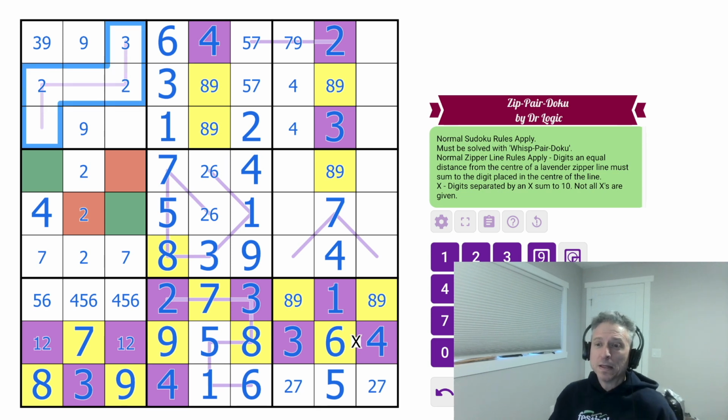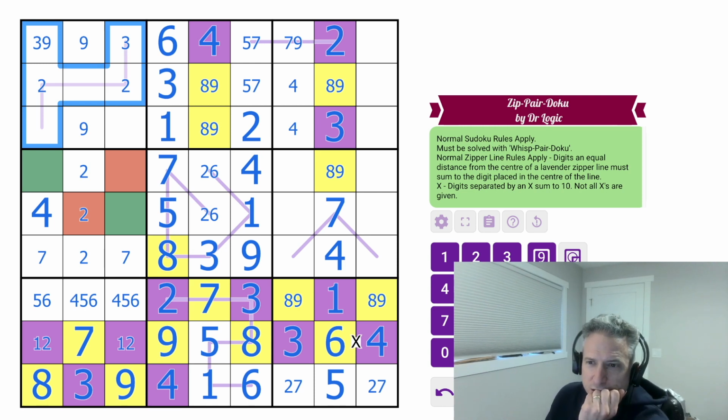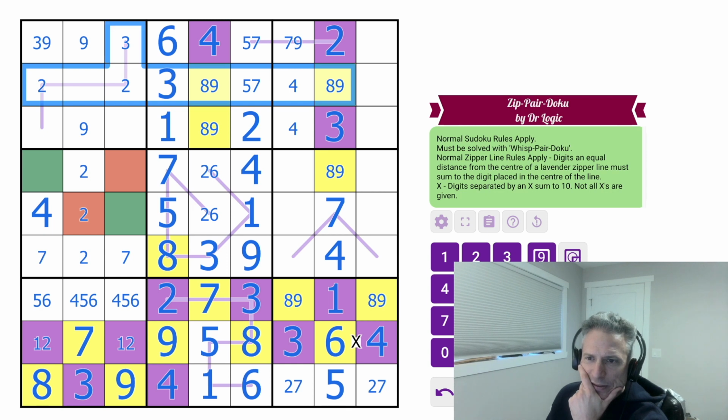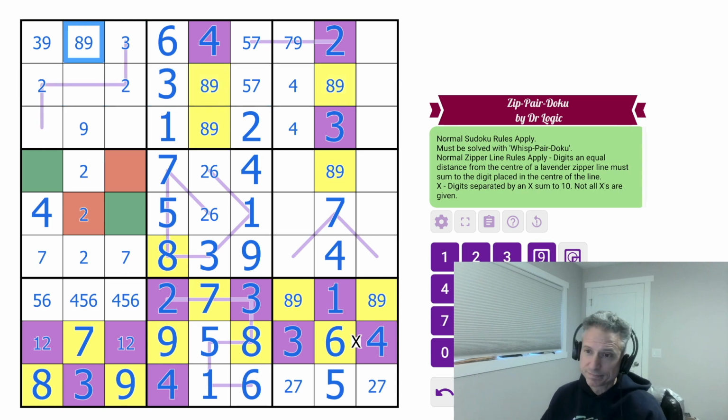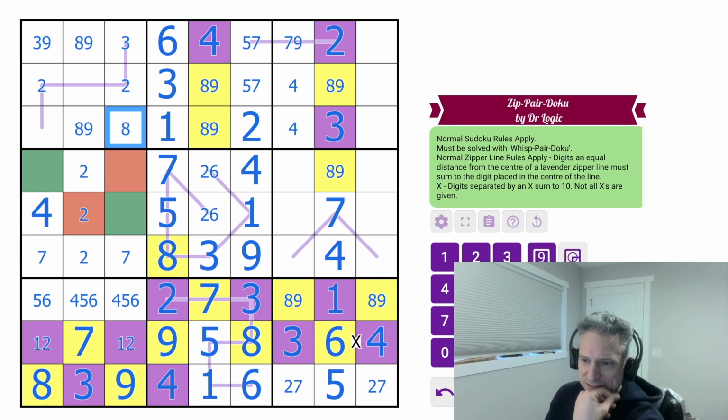Oh, and then, based on what I just told you, because 8 and 9 are eliminated from here, the 8 in box 1 must go in 2, 8, or 9. I mean, that doesn't say much, so it feels like there's something there. I don't know.